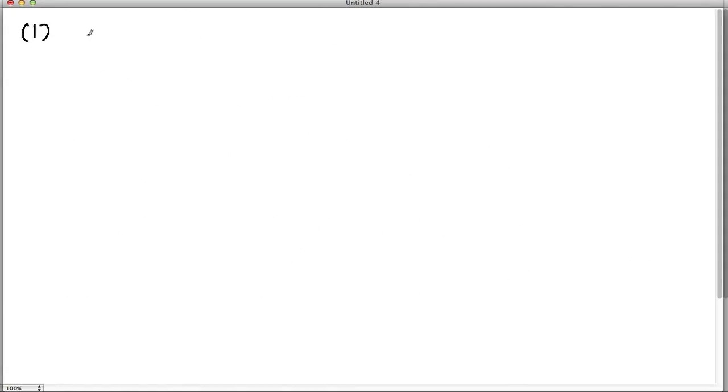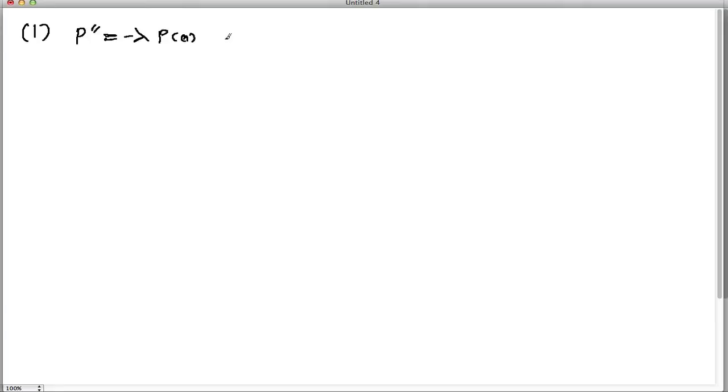So as before, we had P double prime is equal to negative lambda P, and this is of theta. All right, so what we know about this equation is it has some very nice solutions.